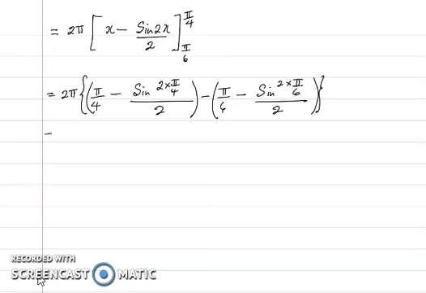All right, so this is 2 pi. Over here, we're going to have pi by 4. 2 times pi by 4 is pi by 2. The sine of 90 is 1. So this becomes minus 1 over 2.